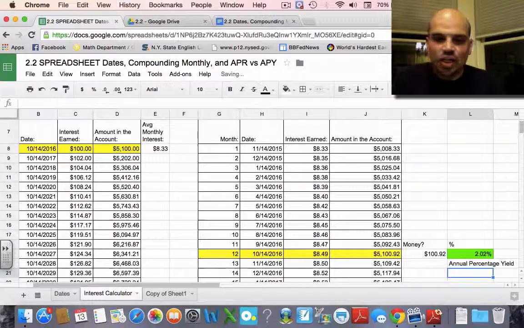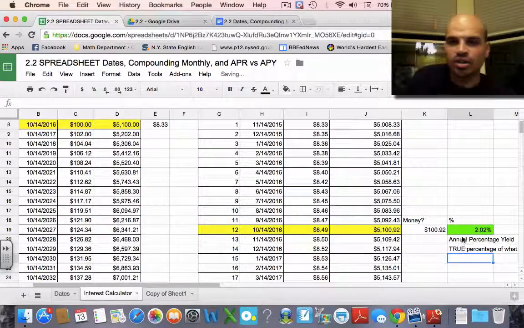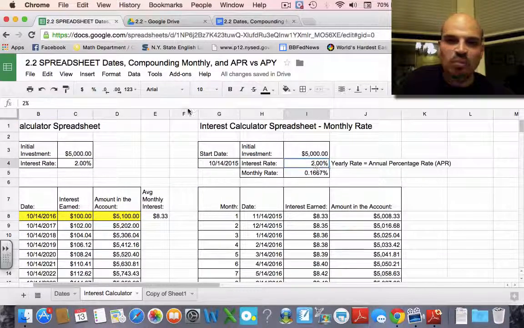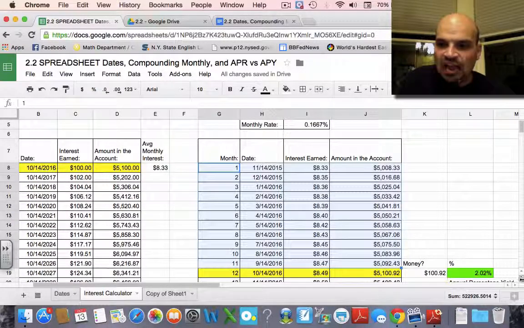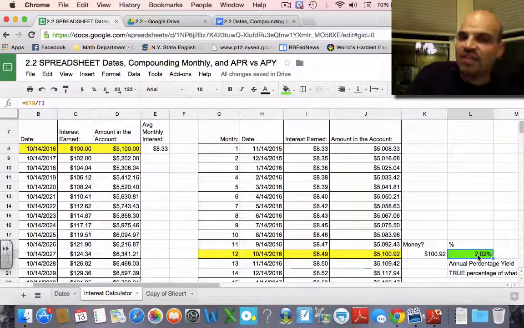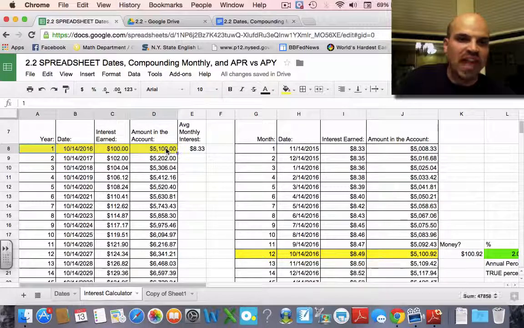It's the true percentage of what was earned. Even though I started off with an annual percentage rate of 2.00, because I earned interest each month, I actually end up with a higher percentage at the end of the year than if I had just calculated the interest at the end of the year.